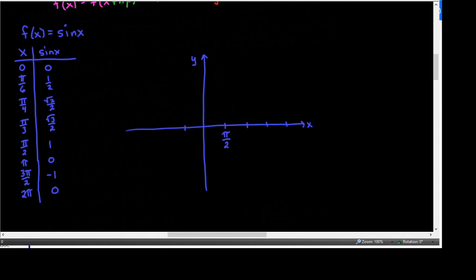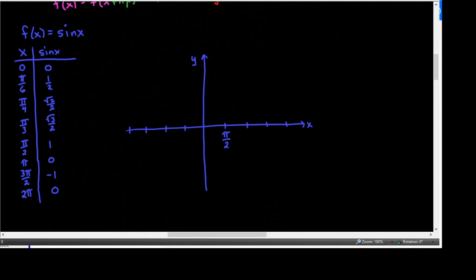And so every pi over 2 is what I'm representing with a mark. I only need to mark the first one in the positive direction on the x-axis, because you can then assume that the second one is 2 pi over 2, which is pi. The next one's 3 pi over 2. The one after that's 2 pi. And over to the left, negative pi over 2, negative pi, negative 3 pi over 2, and negative 2 pi.